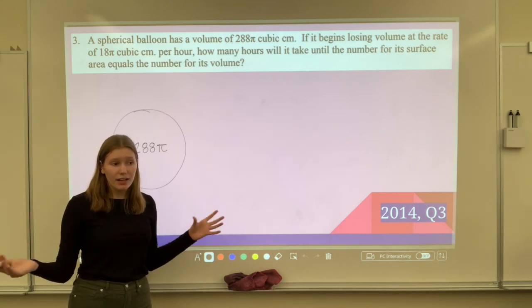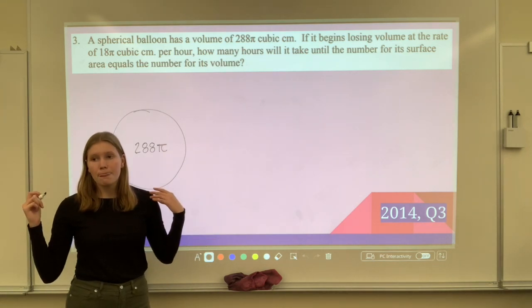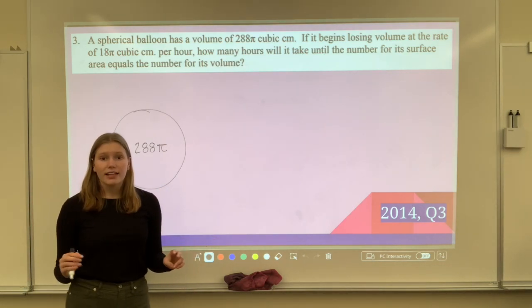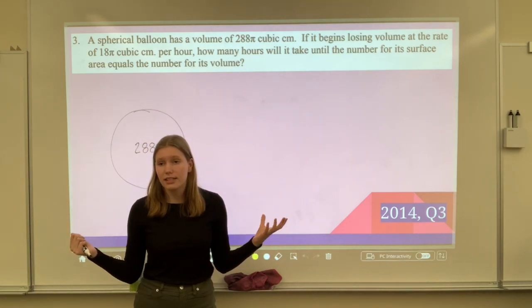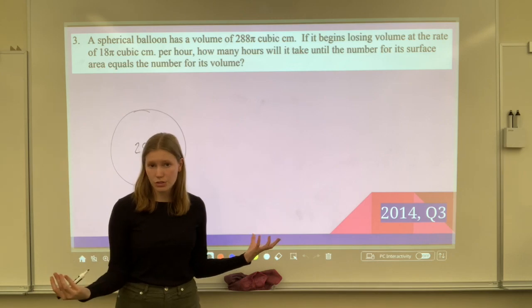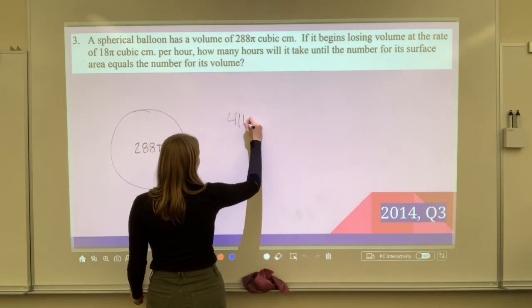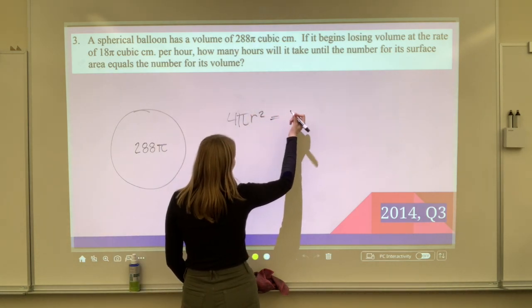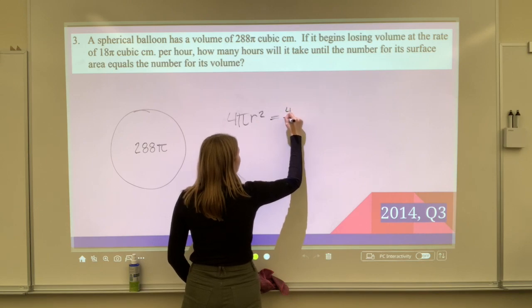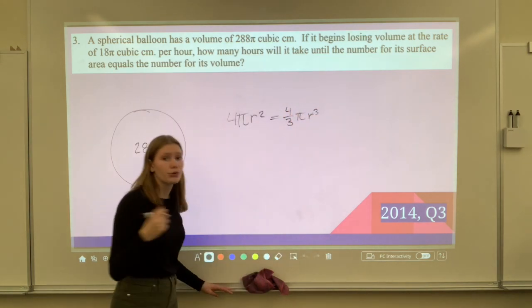I'm going to do that because we can then simplify for our radius, which gives us our target radius, the radius at which the surface area is equal to the volume. So we have 4 pi r squared as the surface area formula, and 4/3 pi r cubed is our volume.